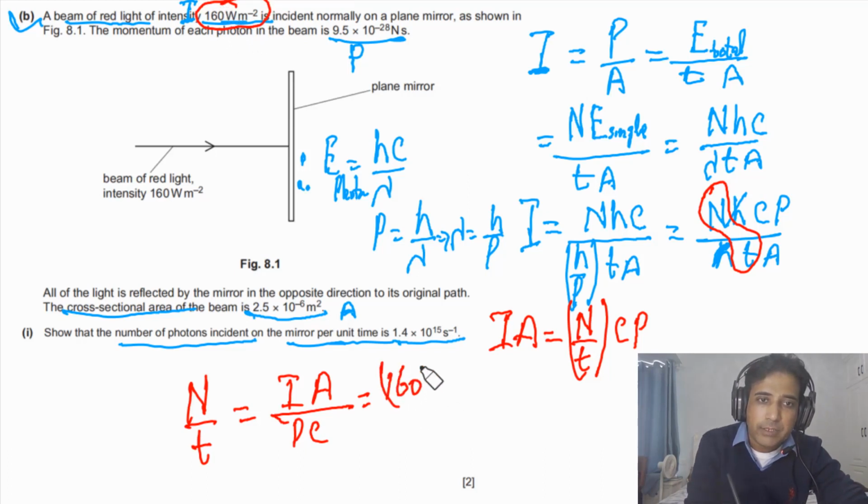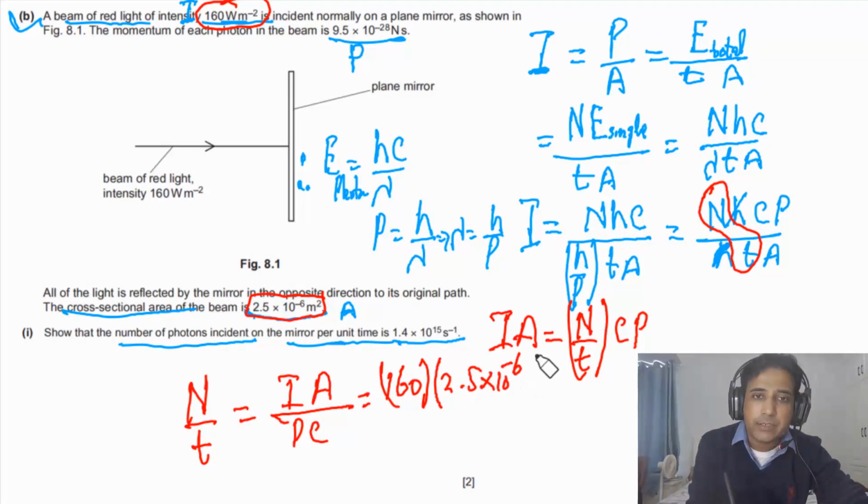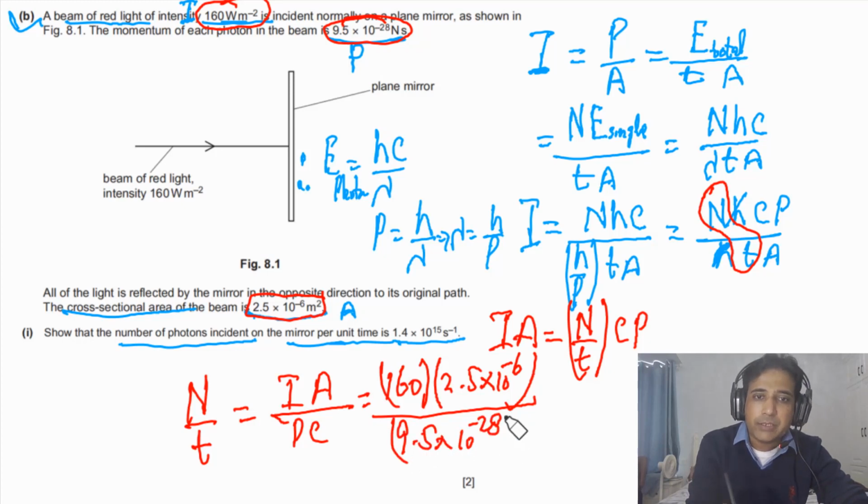We have 160 watts per square meter, and the value of A is 2.5 times 10 to minus 6 square meters, divided by the momentum of each photon, that is 9.5 times 10 to minus 28, and C is a constant, its value is 3.0 times 10 to 8.